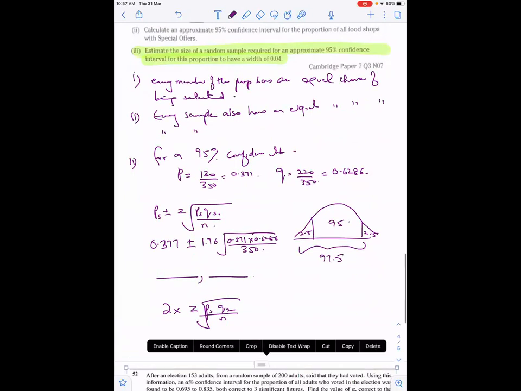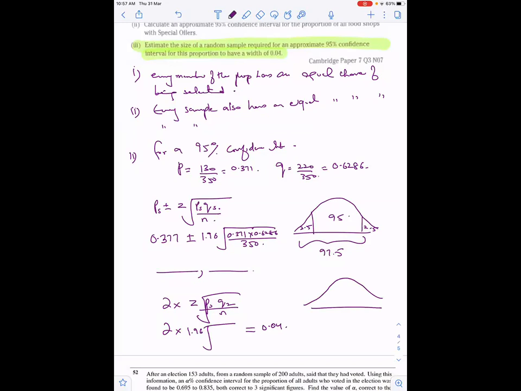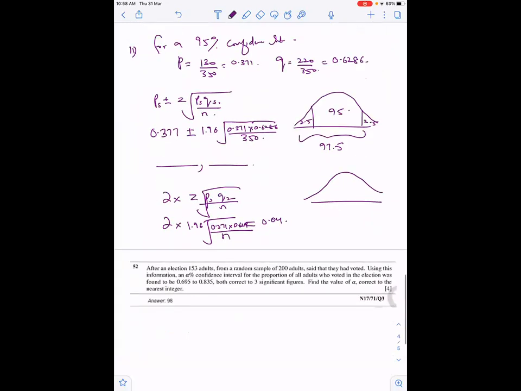If it is 95%, then the value of z would be 1.96 only. The values of p and q I'm writing as they are, 0.629 upon the value of n, which is unknown to us. We will solve it and get the value of n.